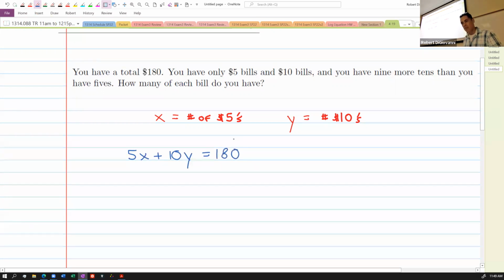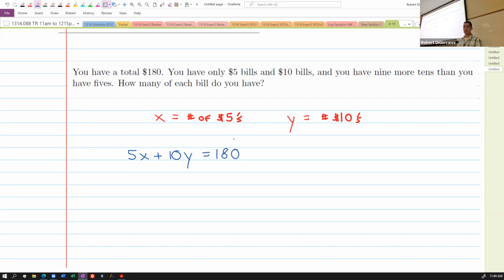Think about that. Does that make sense? X is how many fives you have. So if you have 1 five, this will count $5. If it's 2 fives, it'll be $10. 3 fives, it'll be $15. Y is how many tens you have. So if you have 1 Y, it's $10. 2 Ys, it's 20. 3 Ys, it's 30. That makes sense? That means the total is $180.